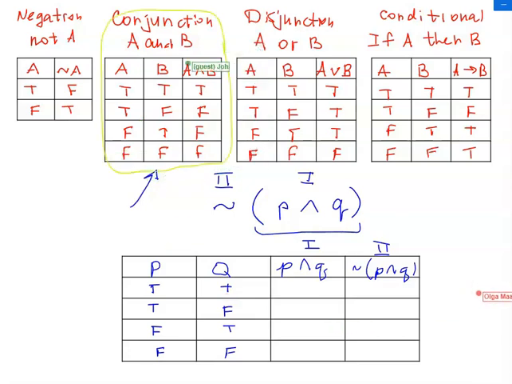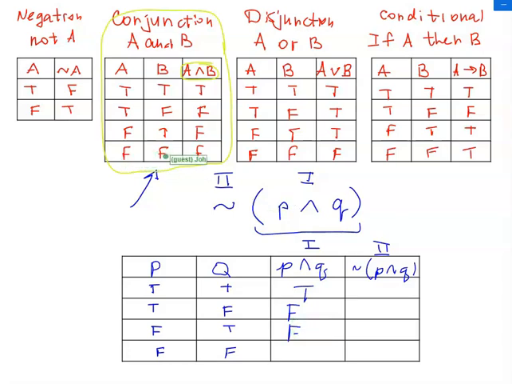And we want to just look at this column right here. So if you have true and true, you will have true. If you've got true and false, you will have false. If you have false and true, you again will have false.